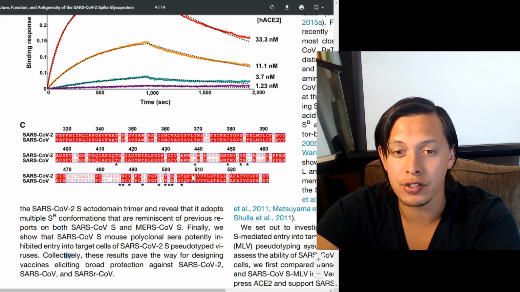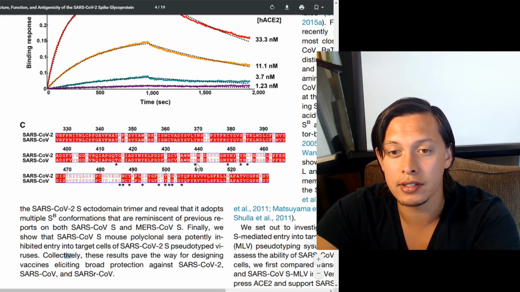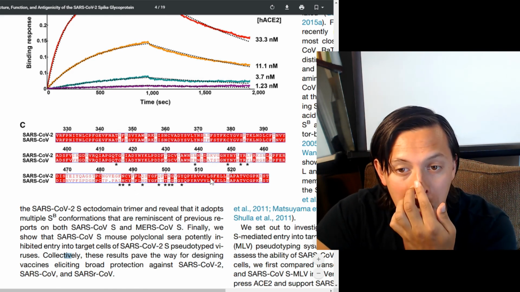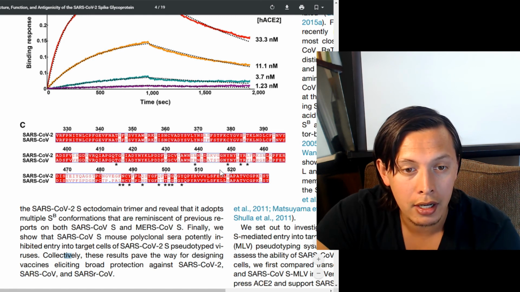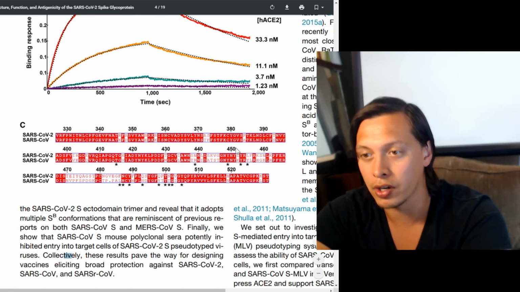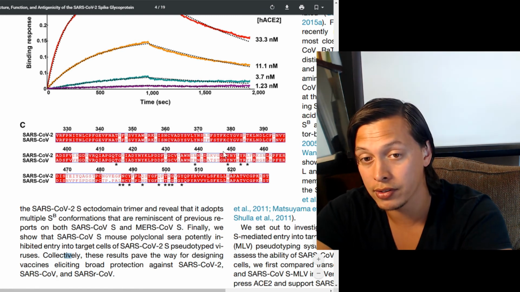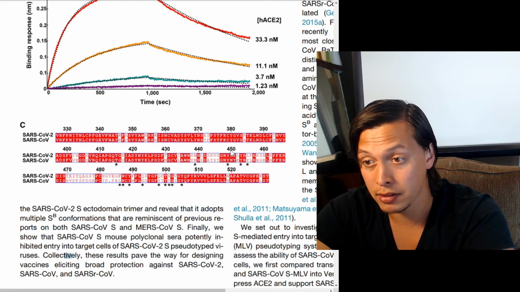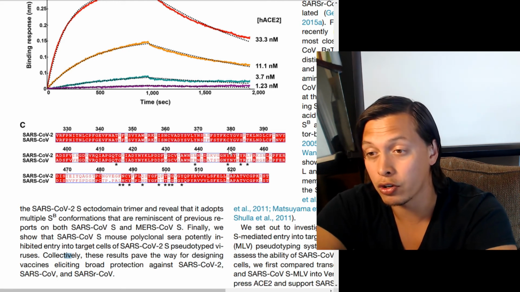As you can see, it was 6 and 8. So 1, 2, 3, 4, 5, 6, 7, so 8 of them are conserved in the new coronavirus. And 6 of them are completely different or semi-conserved in the new coronavirus.